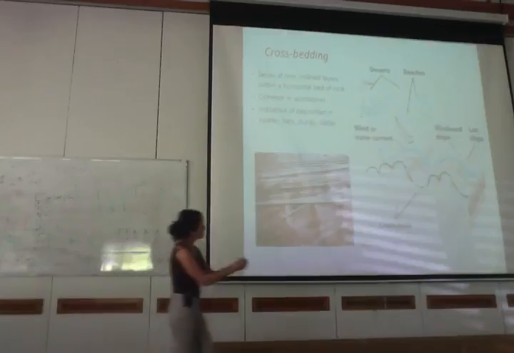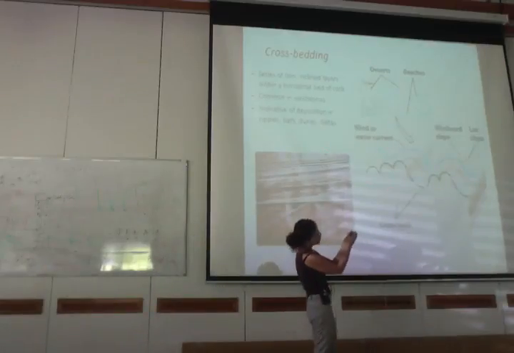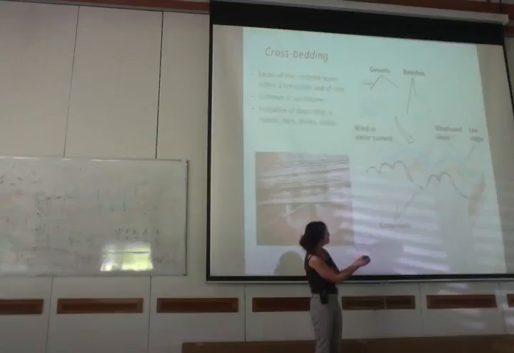Say this is our ripple here, our wind or water, whatever it is that's moving grains, picks up grains from this side, and deposits them on the steeper side. This process continues, picks up grains, deposits them on that side. And you build up layers that are at an angle from the normal bedding surface. So within each bed, you have these inclined layers.